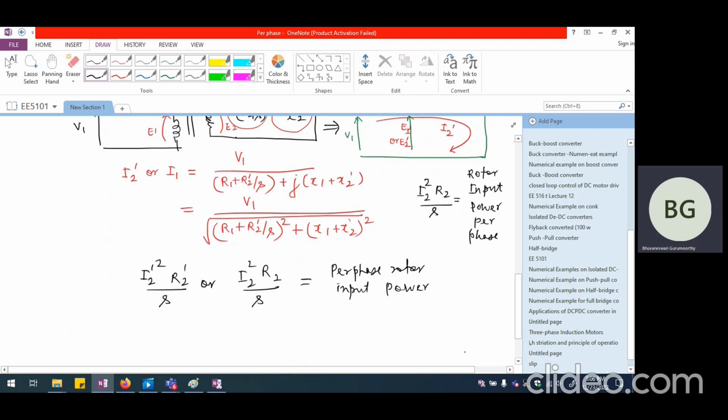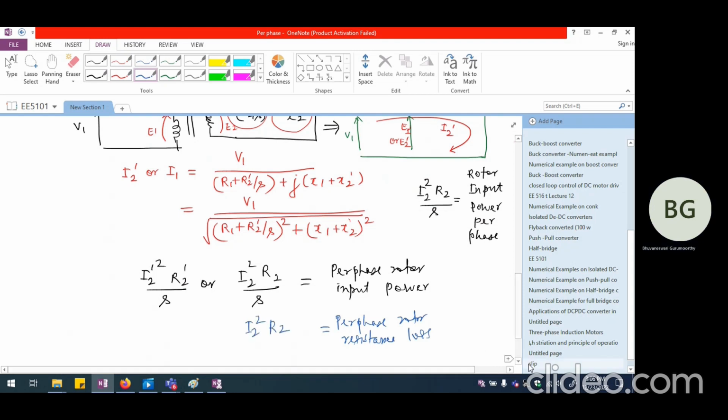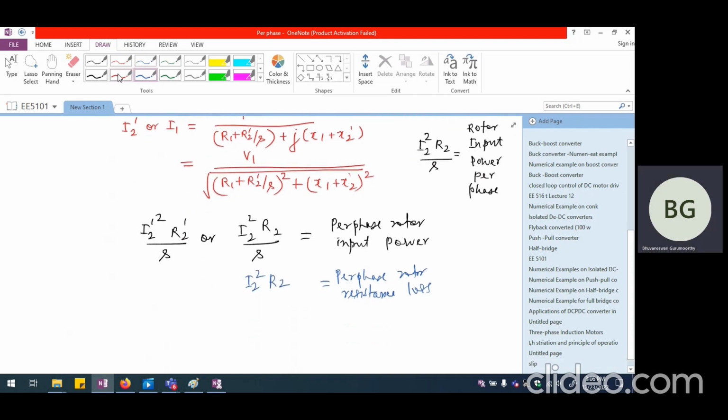Now out of this, the physical resistance is R2. So I2 dash square R2 is going to be the copper loss. So I can say per phase rotor resistance loss, that is going to be I2 square R2. So we can say what is left over is the manifestation of rotational power or mechanical power output.